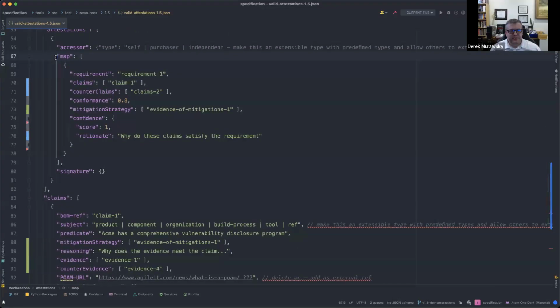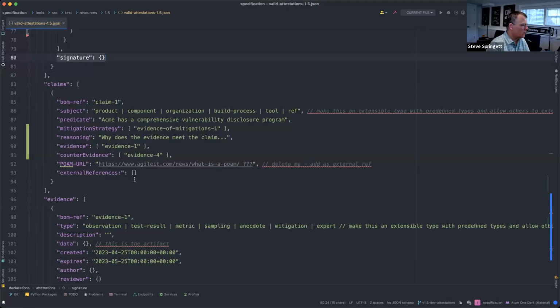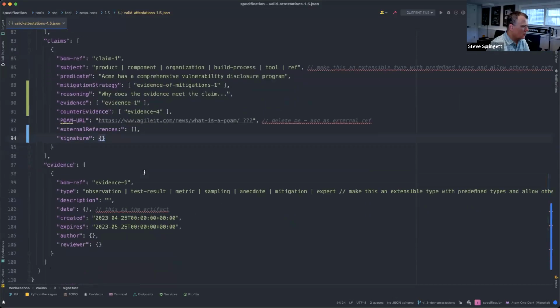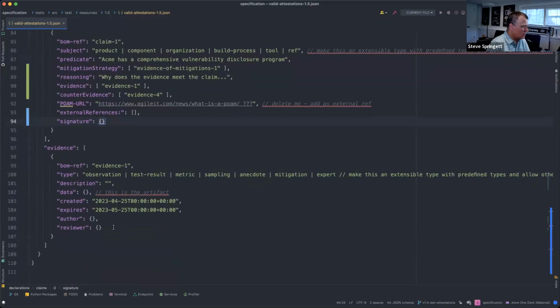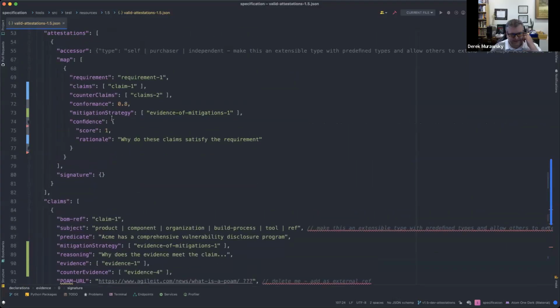I do see that we support signature blocks on the other major objects there, line 80 and up. Did we actually put that in the claims section and evidence section? I think we want to. Yeah, they should be. So every claim should have a signature, and every evidence should also have a signature. Absolutely. Just noticed that.